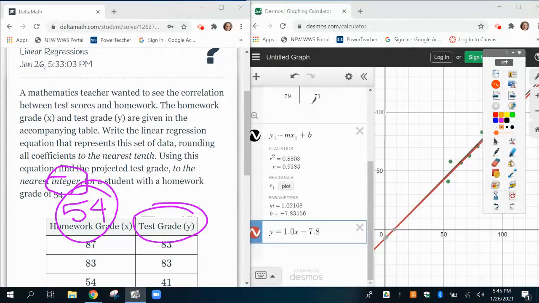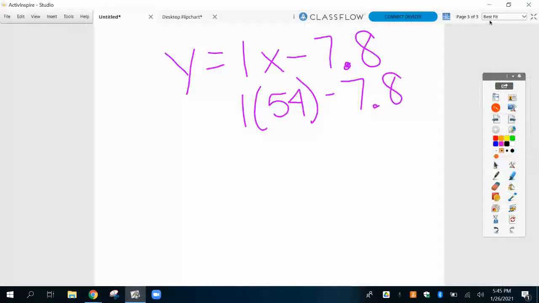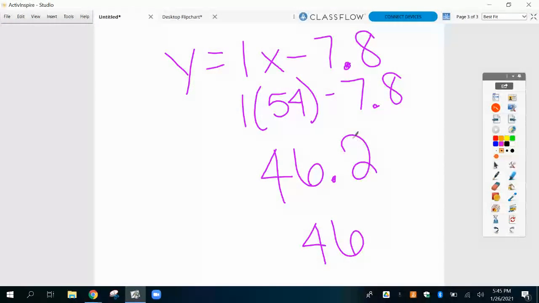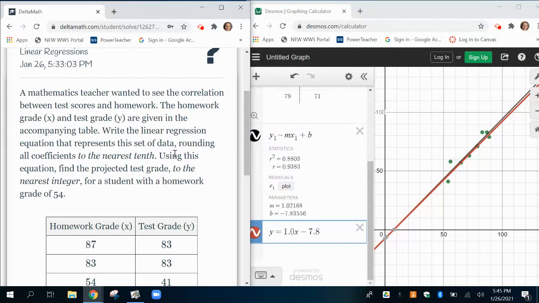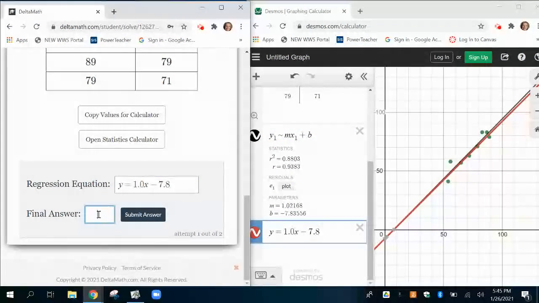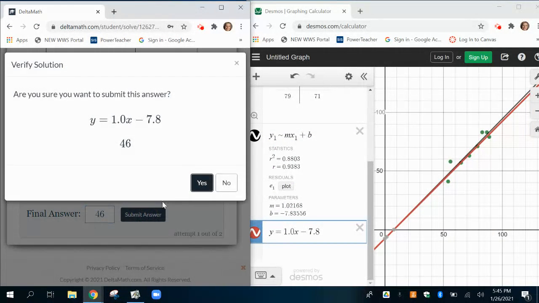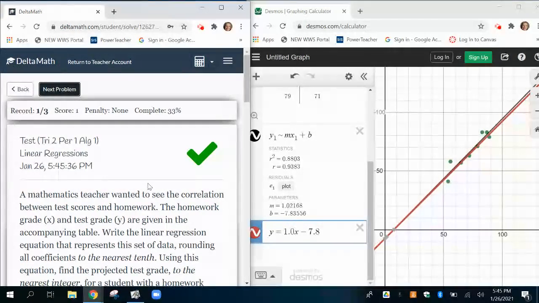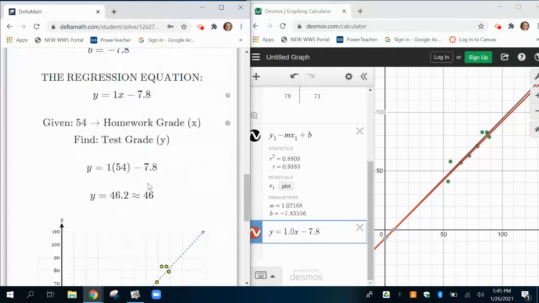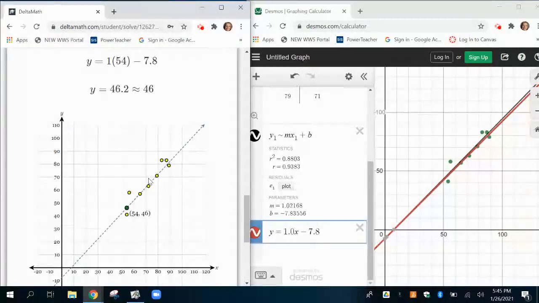So that's going to be our nearest whole value. So if I'm talking 46.2, that's going to round to 46. Okay, and so for my value down here, I'm going to put in 46. Okay, and that will tell you right or wrong.